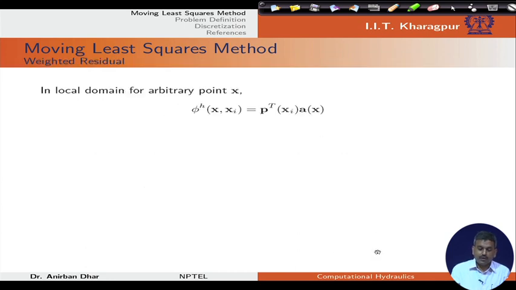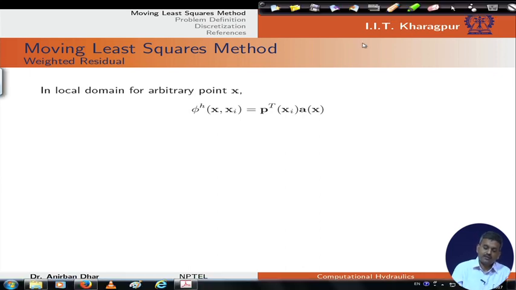Now, in local domain for arbitrary point x, we can have this phi x xi, where xi is for this polynomial and Ax is our original A vector.